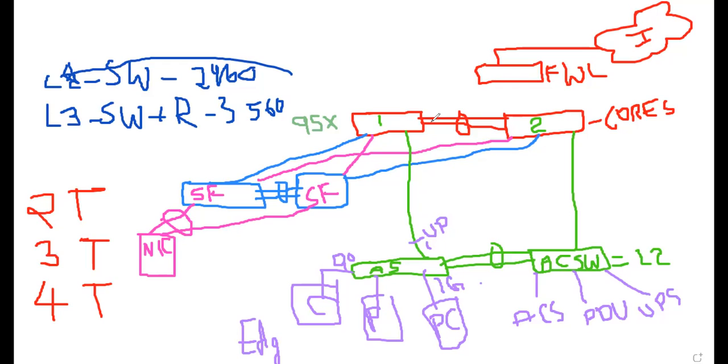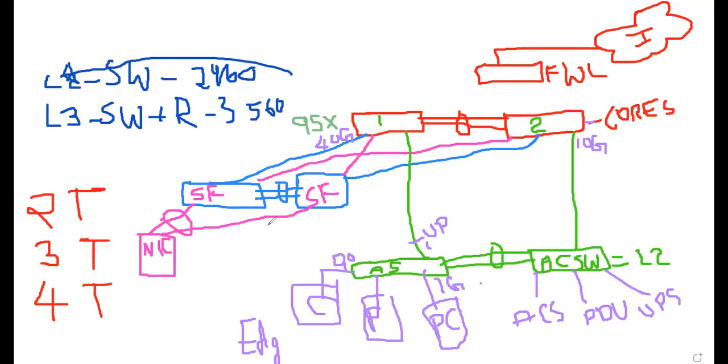Or, let's say, the core switch will have a speed for this access switch, we're going to use 10 gig. And for the server farm switch, we're going to use 40 gig, because the servers will have more traffic than your edge devices like a PC. So depending upon the edge devices that you're going to use, and based on the traffic produced, we will have a kind of physical connectivity.